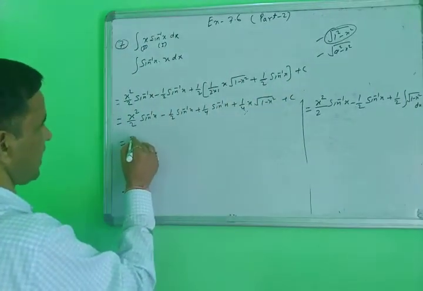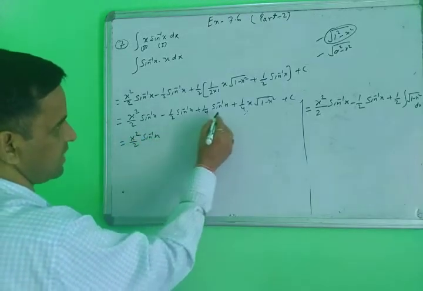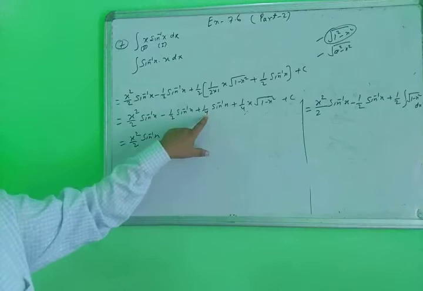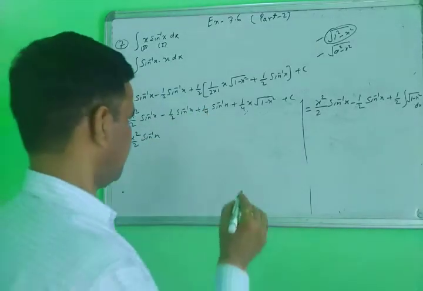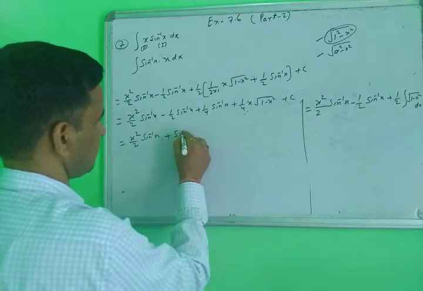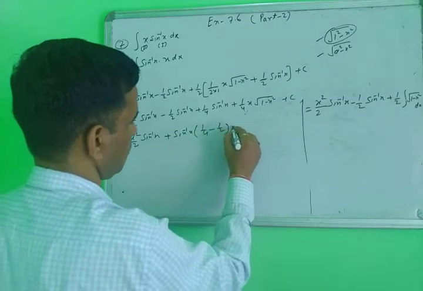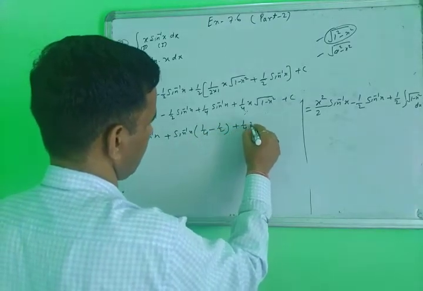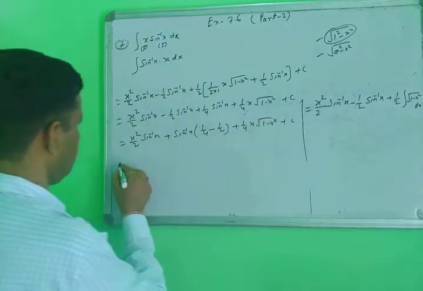Next, x square upon 2 sin inverse x. Calculate it. LCM of 1 by 4 and 1 by 2. Taking the minus sign common, plus sin inverse x taking common 1 upon 4 minus 1 upon 2, plus 1 upon 4 x root 1 minus x square plus c.